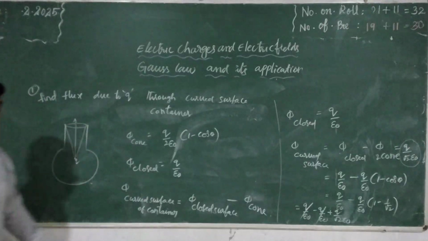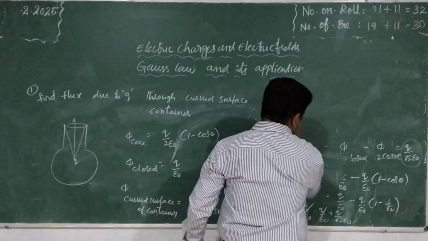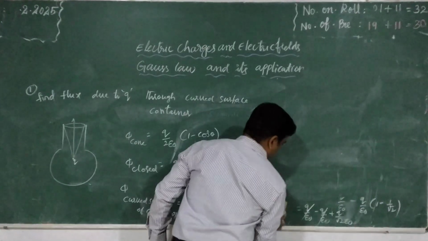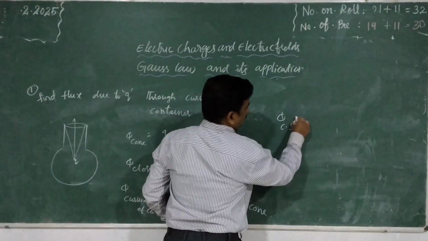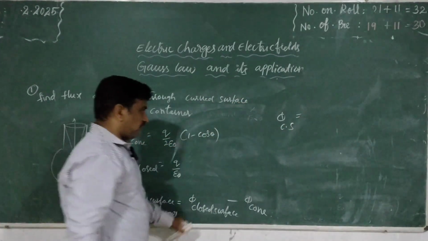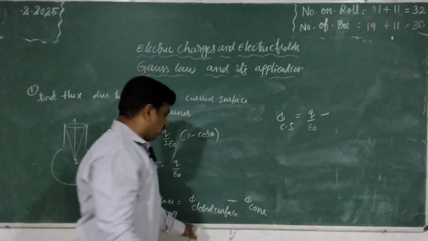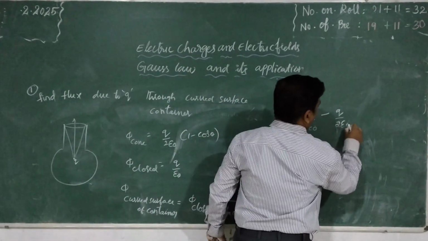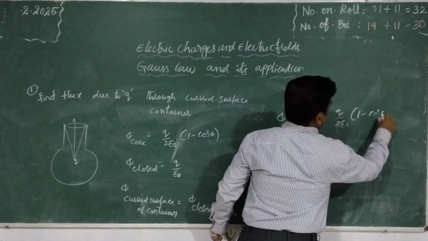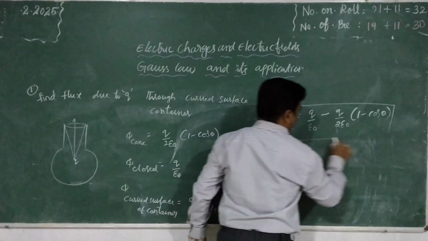Flux through the closed surface is q by epsilon naught according to Gauss law. So flux through the curved surface equals q by epsilon naught minus flux through the cone, q by 2 epsilon naught into (1 minus cos theta). This is the flux through the curved surface of the container.